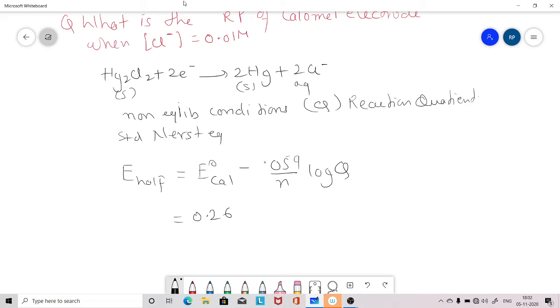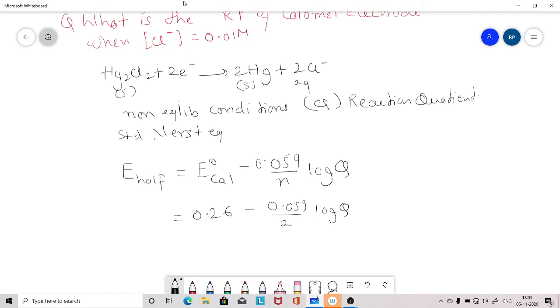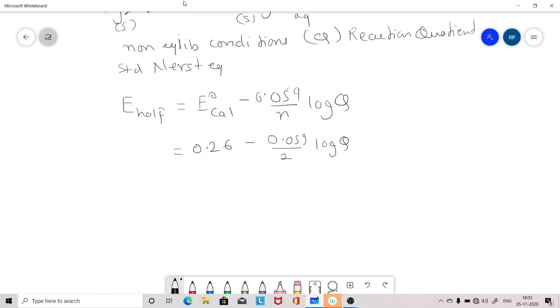Now what is the number of electrons here? n is the number of electrons, so 0.059 upon 2, log Q. 2 is the number of electrons here. Now how to write Q? Q is the reaction quotient, product upon reactant.